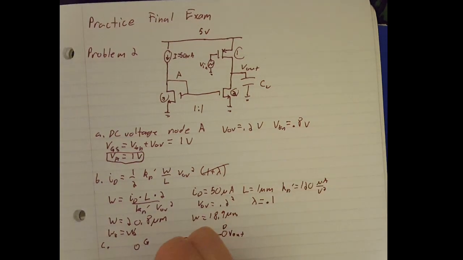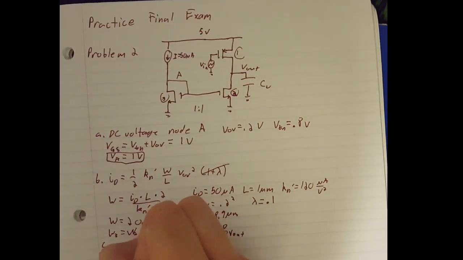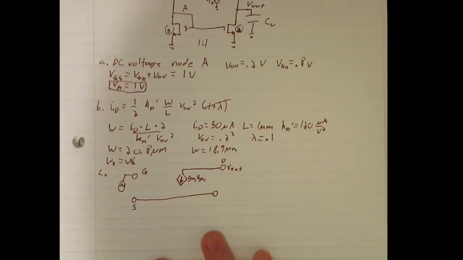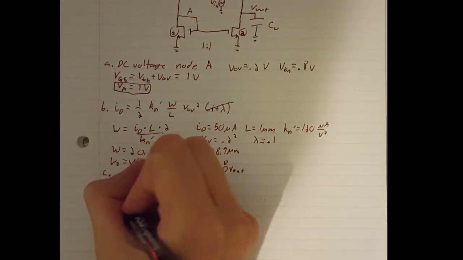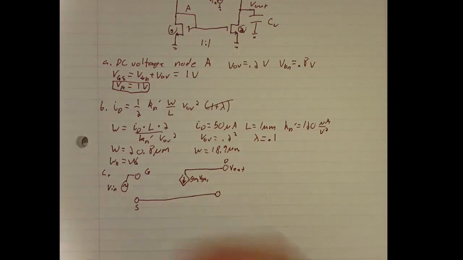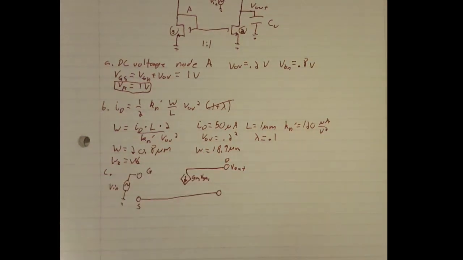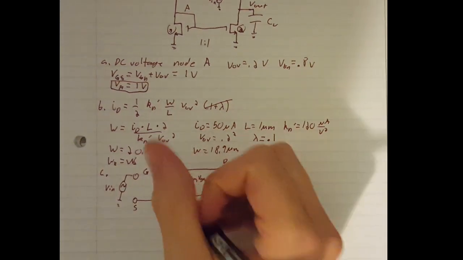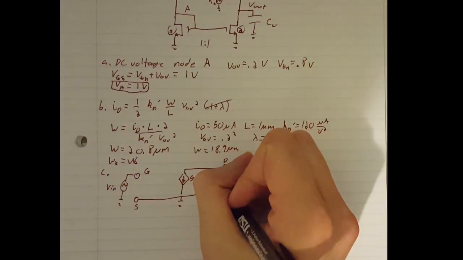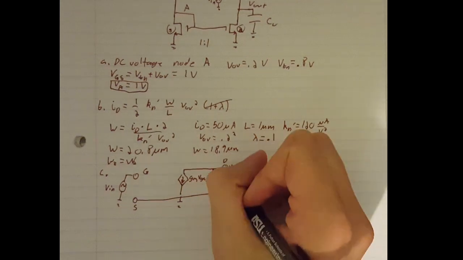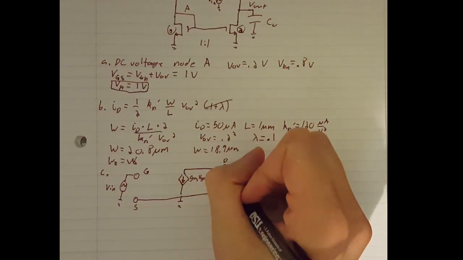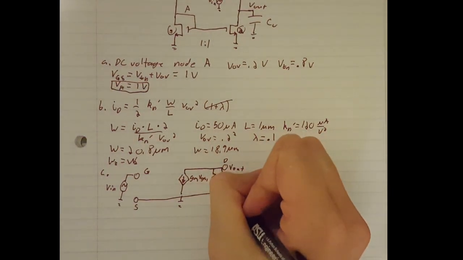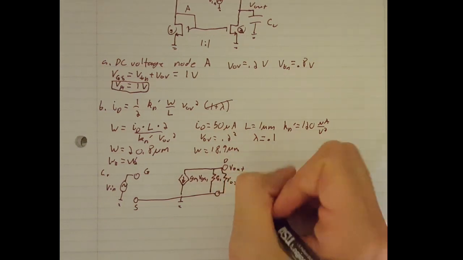This is drain, this is source. VN is over here. Source is also at ground. I'm going to have R01 and R02.